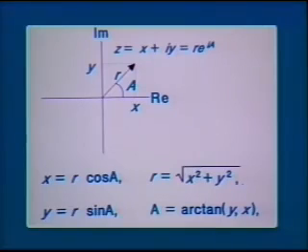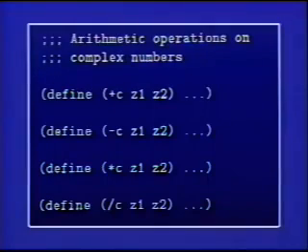So there's these two ways to think of complex numbers, either in polar form or rectangular form. What we would like to do is make a system that does arithmetic on complex numbers. In other words, just like the rational number example, we'd like to have some operations, plus-c, which is going to take two complex numbers and add them, and subtract them and multiply them and divide them.